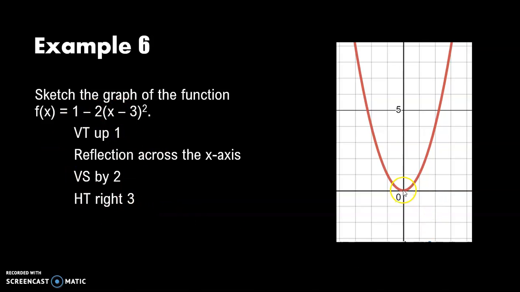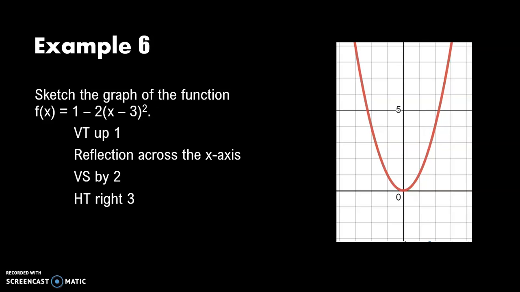So what we're going to do, and I'm going to use the 0, 0 point as an example. I'm moving it right, 1, 2, 3. I can't stretch yet, but I can reflect across the x-axis. That means I'm going to have a downward parabola. It's going up 1, and the stretch would take the point that used to be 1 down and 1 over from this, and I'm going to multiply its y value by 2, and it's going to end up right here.